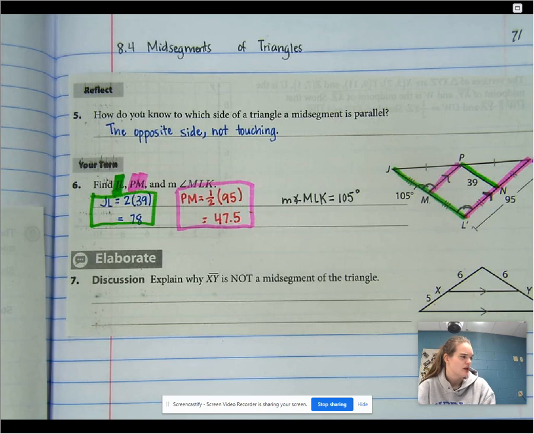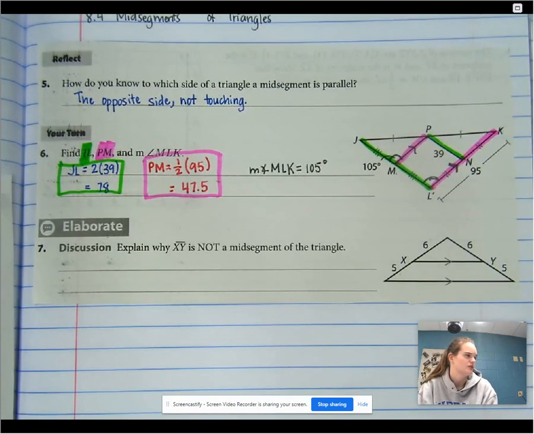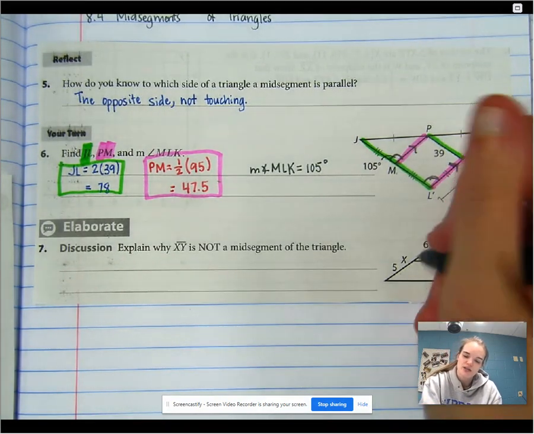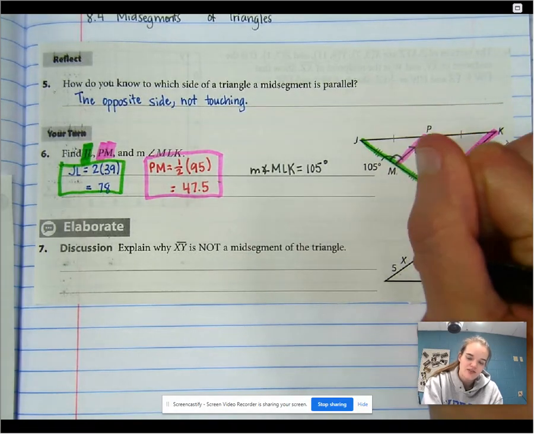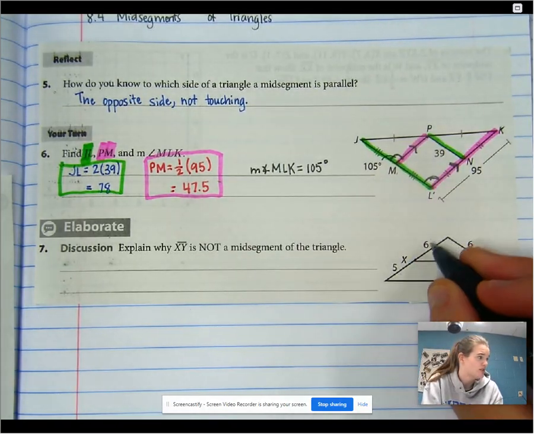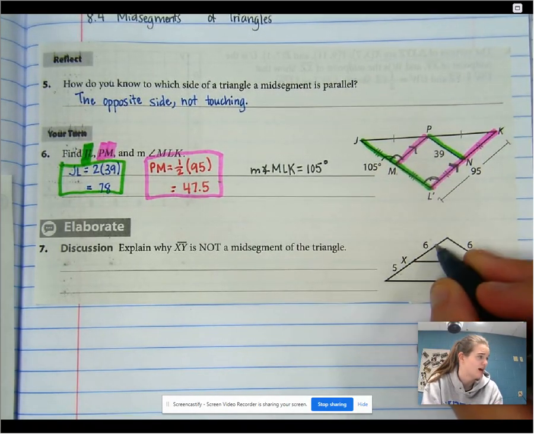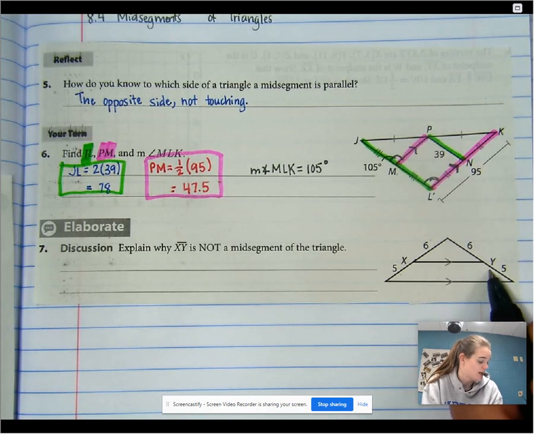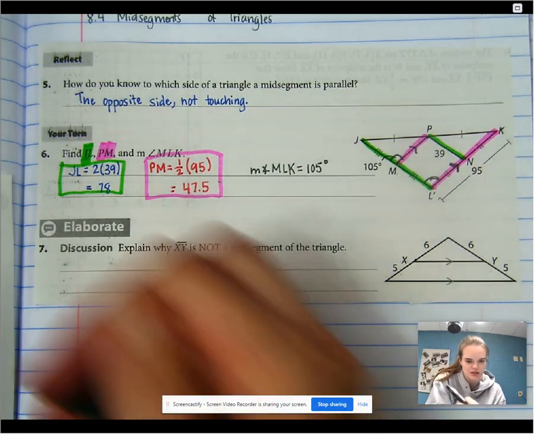Number 7 states, explain why XY is not a midsegment of the triangle. The midsegment of the triangle connects midpoints. X is not the midpoint because these are not 6 and 6 or 5 and 5. Same thing. Y is not the midpoint because this is not the same measurement.